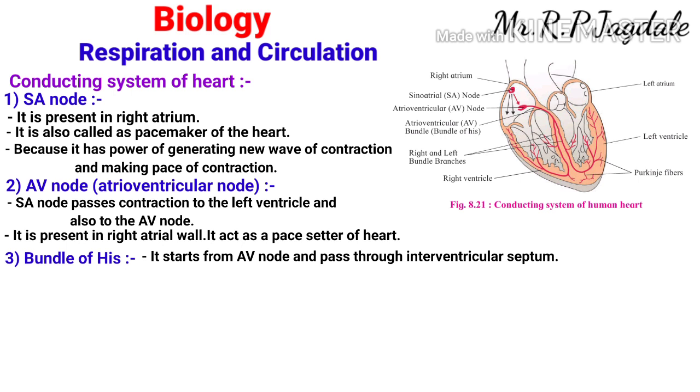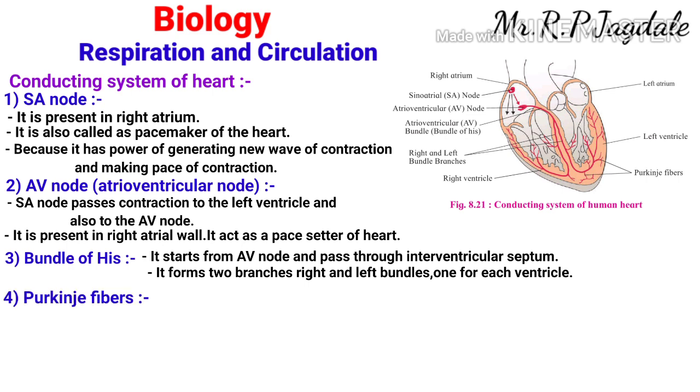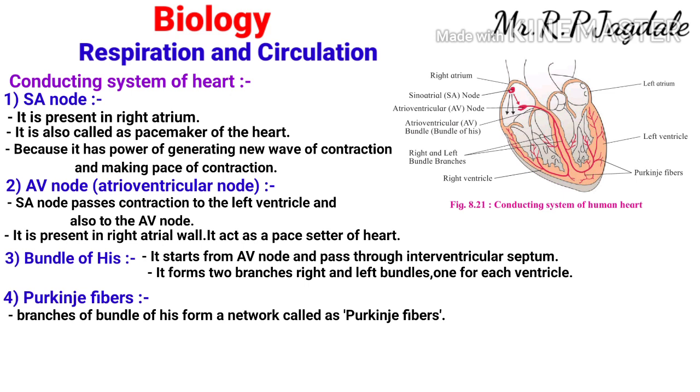It forms two branches, right and left bundles, one for the right ventricle and one for the left ventricle. And finally, the fourth part is the Purkinje fibers. These branches of the bundle of His form a network, and that network is called Purkinje fibers.